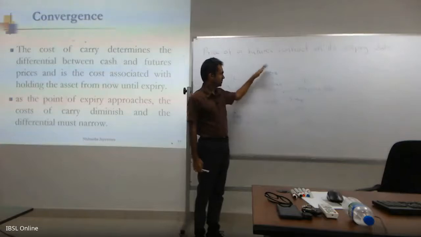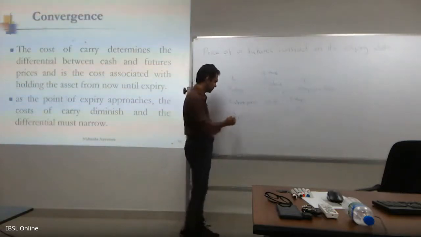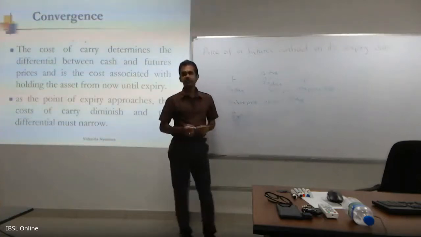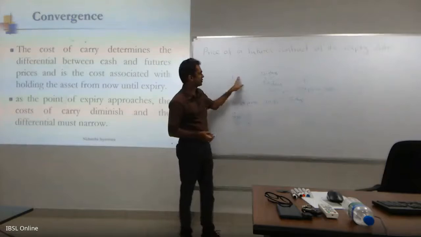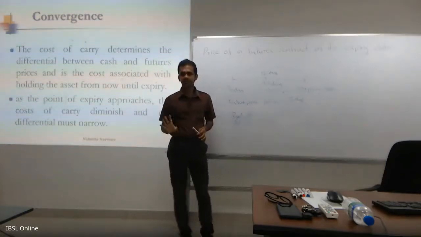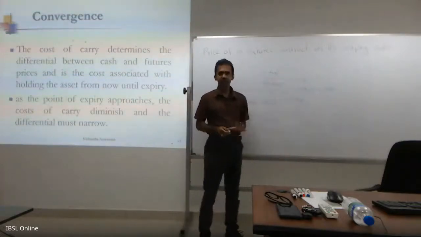But it may be more or less than 110.50 depending on the spot price and the interest rate. So during that lifespan, the price may fluctuate, from this to this.